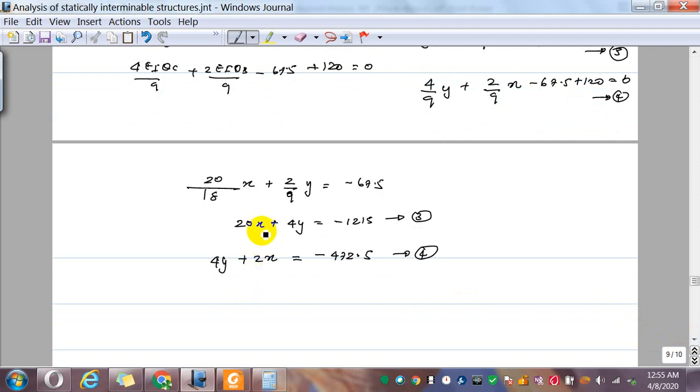So these two equations, if you solve, if you subtract 4 from 3, y will cancel off, so 18x is equal to minus 1215 minus 472.5, that is minus 742.5.